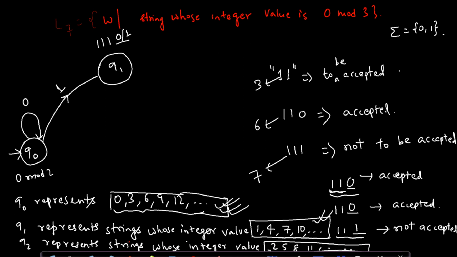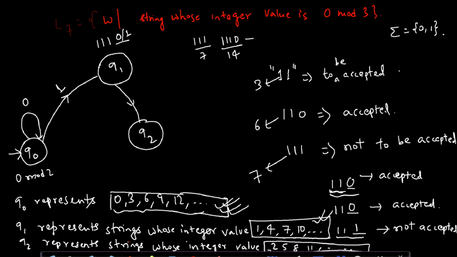If the next symbol is 0, 111 is 7, so 1110 will be 14. 14 belongs to 2 mod 3. So from Q1, if you see 0, you should go to Q2.